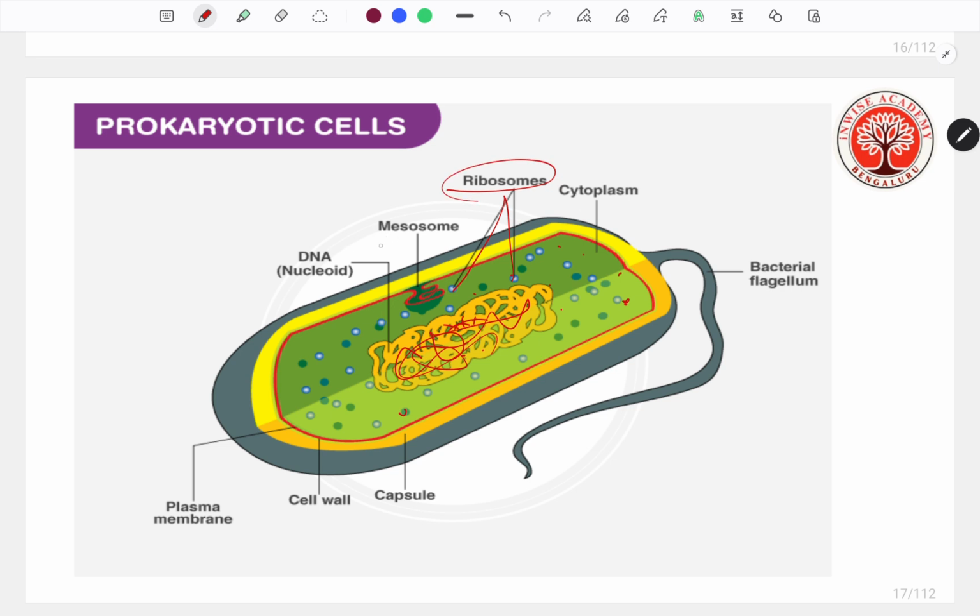And in the cytoplasm there are foldings of the plasma membrane. Remember, foldings of the plasma membrane are called mesosomes. Mesosomes are foldings of the plasma membrane.